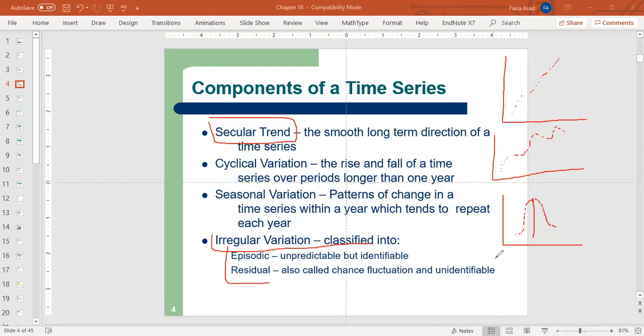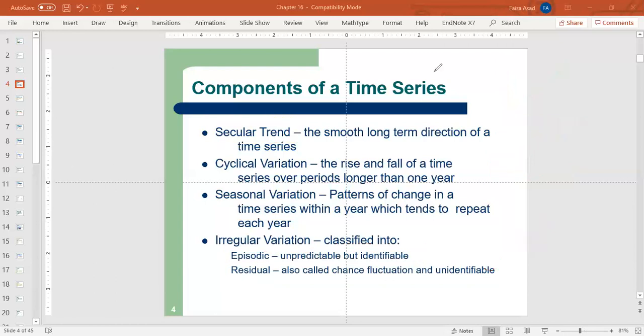So the episodic variation is basically unpredictable but identifiable. So something that we can identify, but we cannot predict that a particular situation will occur in the future. The residual is also called the chance fluctuation and is unidentifiable. So residual is basically unidentifiable, but there is a chance of fluctuation. For example, an earthquake is episodic, and its aftershocks are residual.